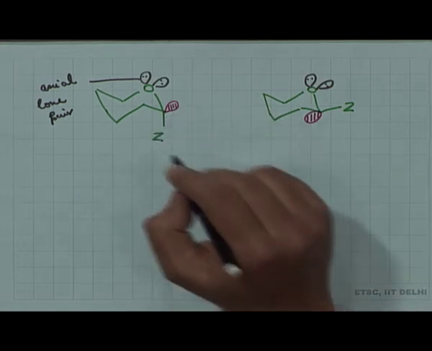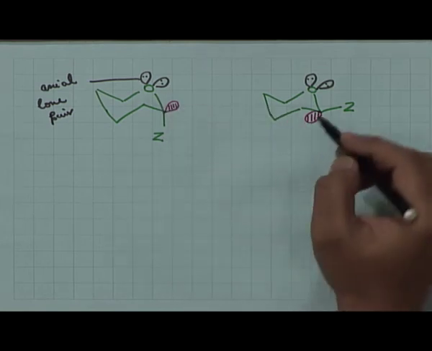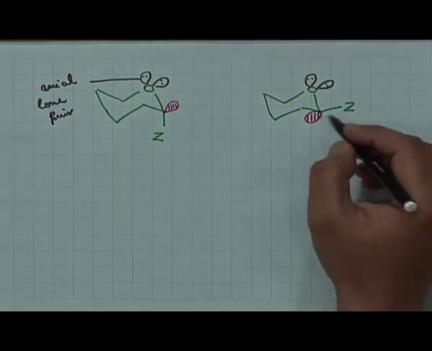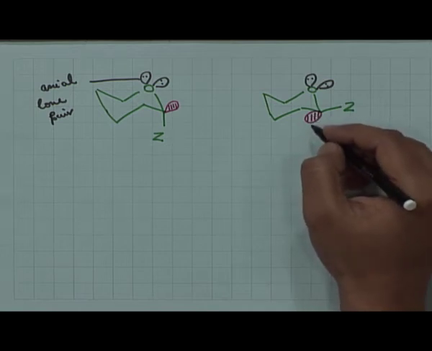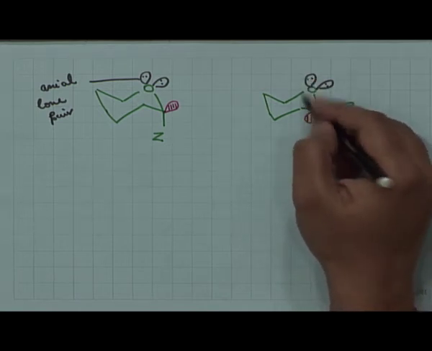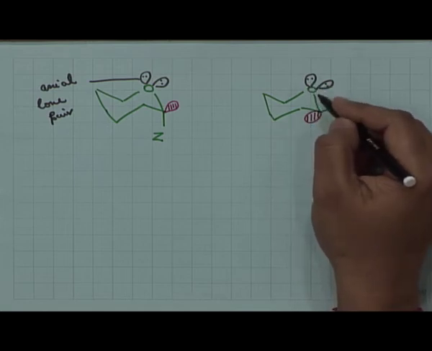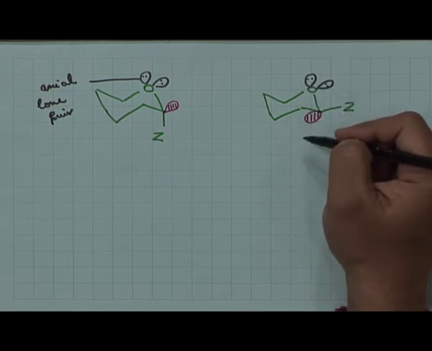The molecule then can be stabilized by hyperconjugation, whereas in the equatorial attached structure, the anti-bonding sigma star orbital, which is empty, is not parallel to the lone pair orbitals, and hence the electron cannot be transferred through hyperconjugation.